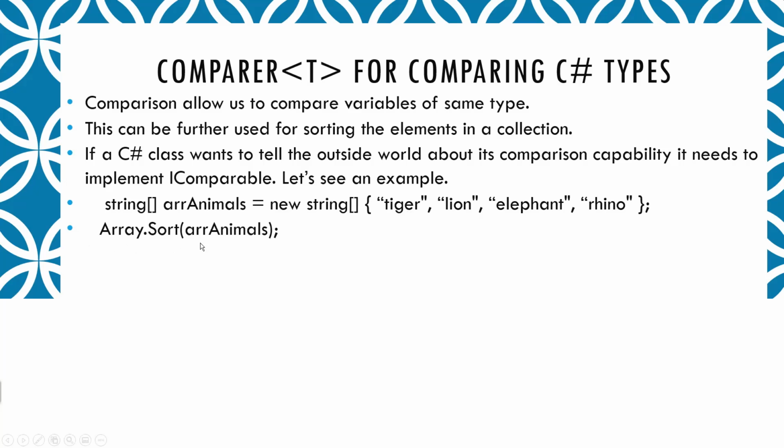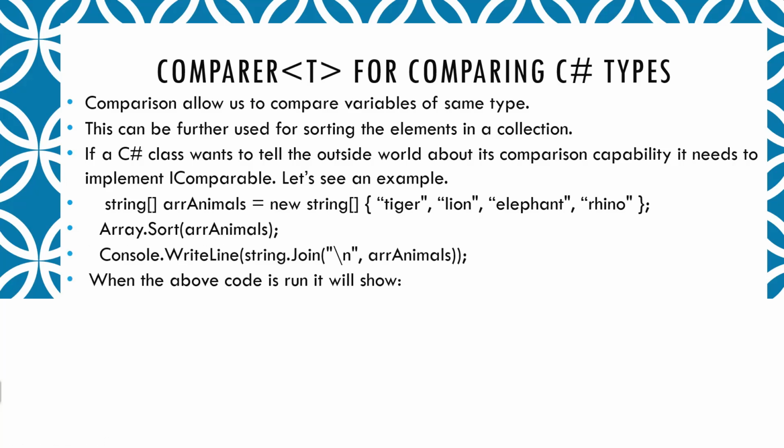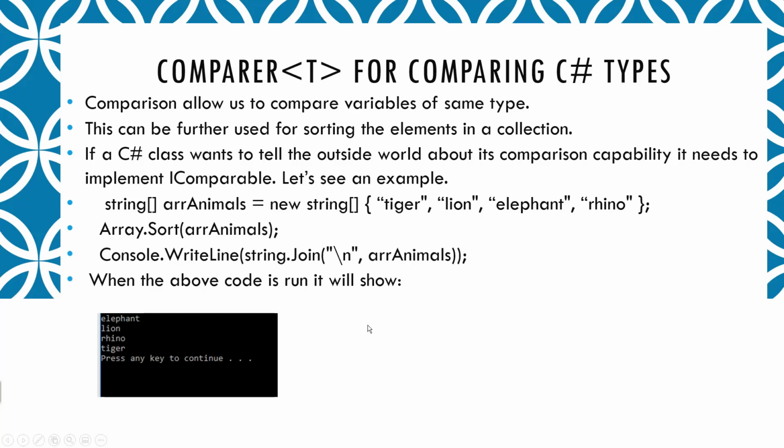So Array.Sort, and we pass this string array, animals. On the next line we are writing string.Join, and within it \n is the newline character. Every element of the string array will be written on a new line. When the above code is run, it will show this: elephant, lion, rhino, tiger.